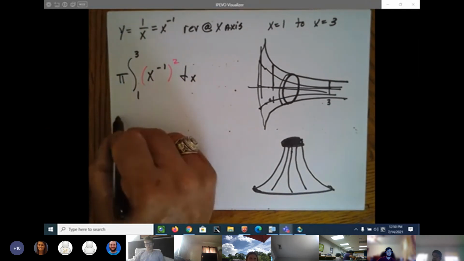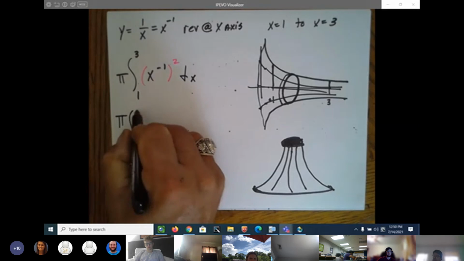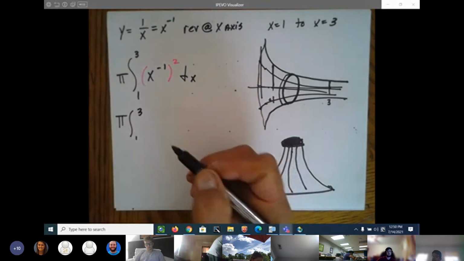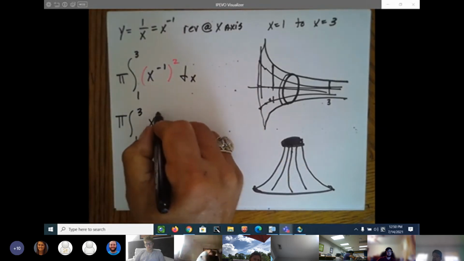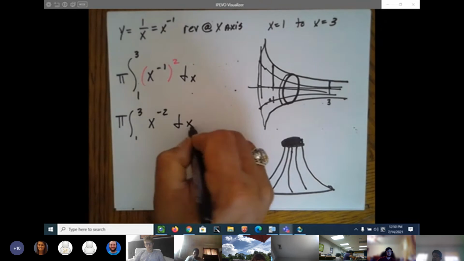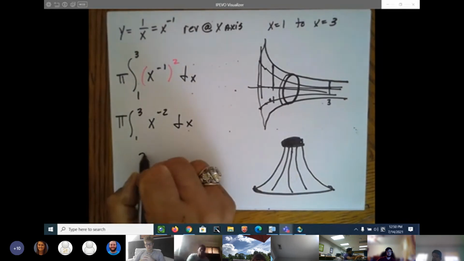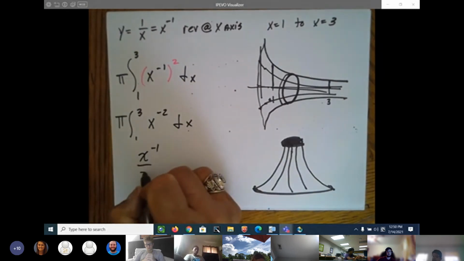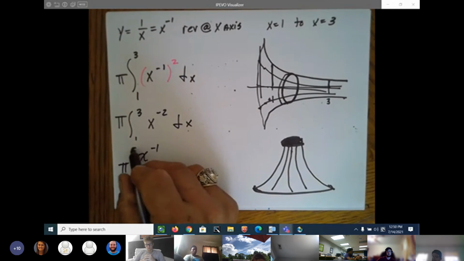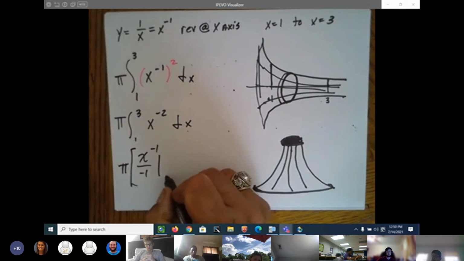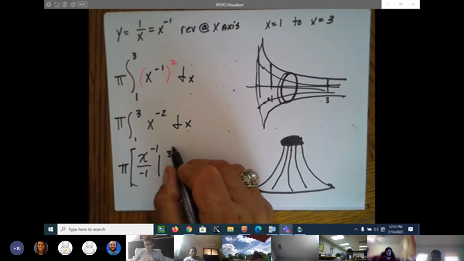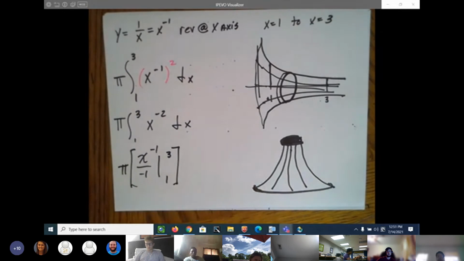So that's going to be pi from 1 to 3 of x to the what? x to the -2 dx. x to the -1 over -1 times pi, evaluated at 1 and 3. How'd you get x to the -2?